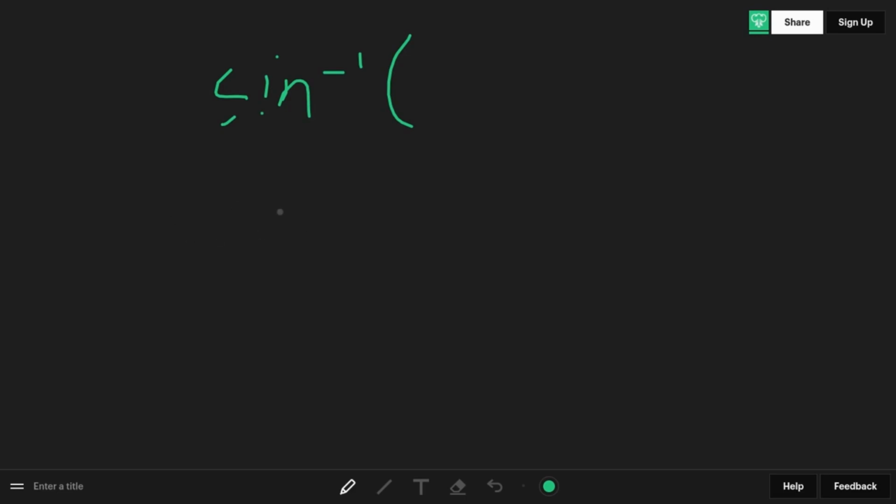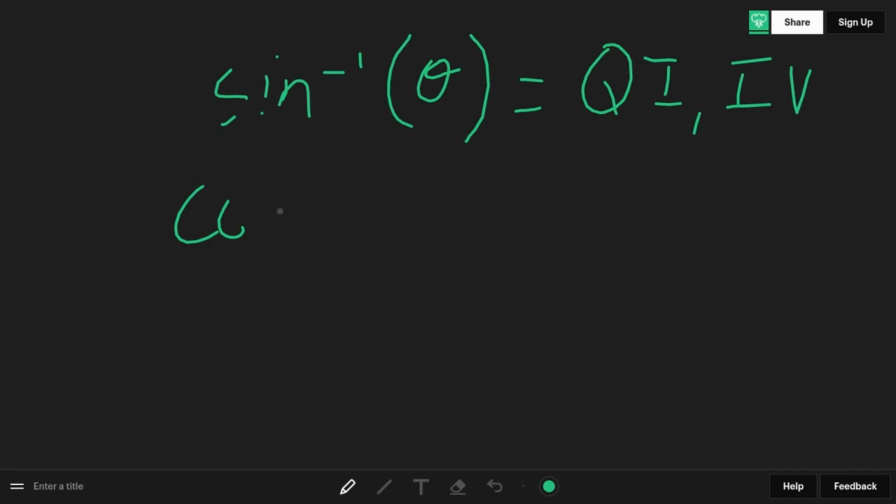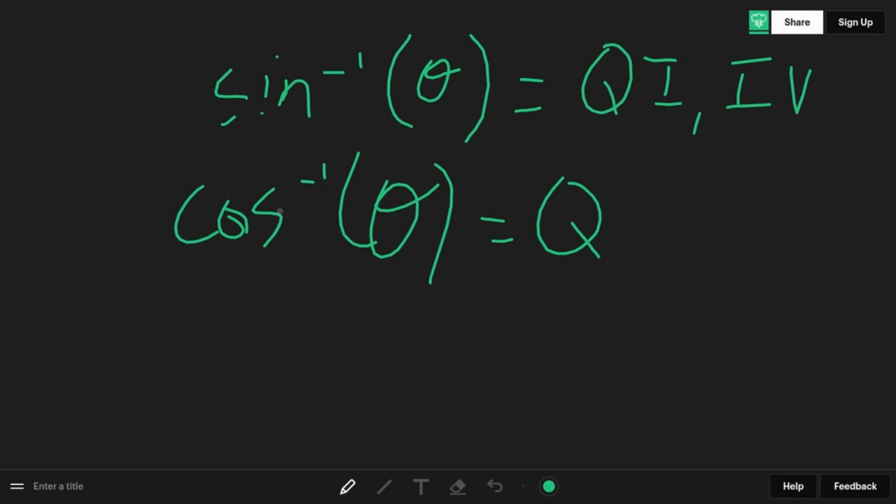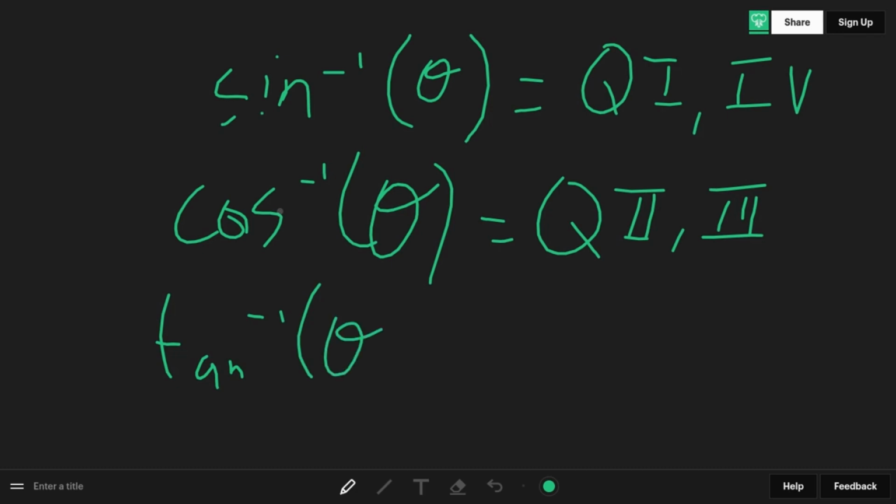So for that, inverse sine is only valid in quadrants 1 and 4. Inverse cosine only works in quadrants 2 and 3. And then inverse tan, which is pretty uncommon to see, but if you were to see it, that's only in quadrants 1 and 4.